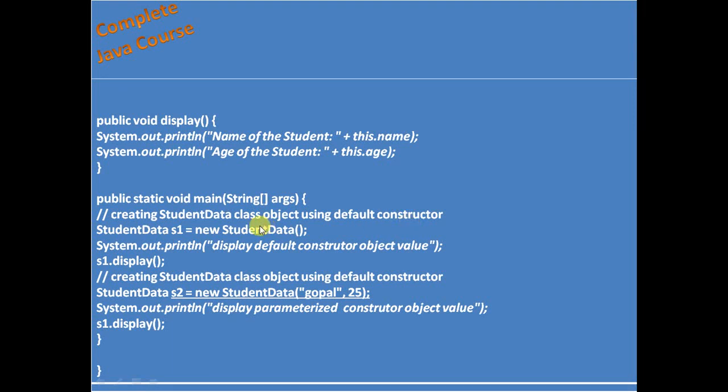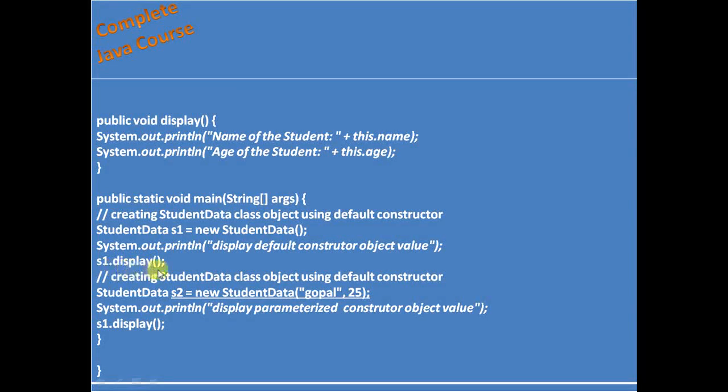So how will you create the object? You will write StudentData, then the reference or object name, equal sign, then new, then StudentData and parentheses. This represents the constructor. Here you are not passing anything, so it is calling the default constructor.